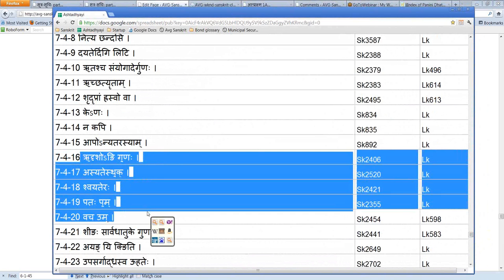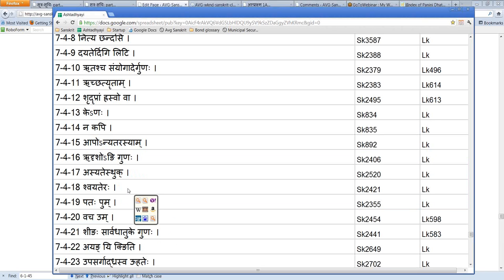One more time, we have these 5 special rules, panchasutri. When we have an angam followed by ang, then the angam has these 5 special rules. Today at that time we need this one: vacha.